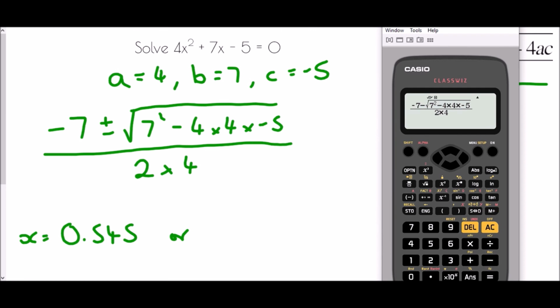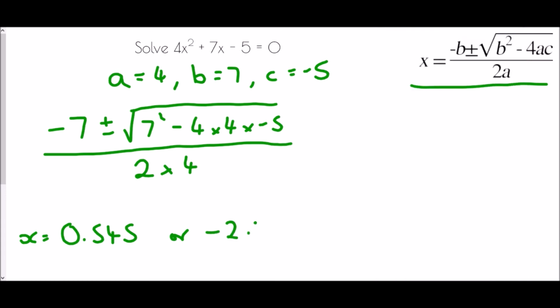So we'll take away, and we'll press equals, and we get -2.295. And so we have our two answers, and I'll just make sure to give them to 3 decimal places.